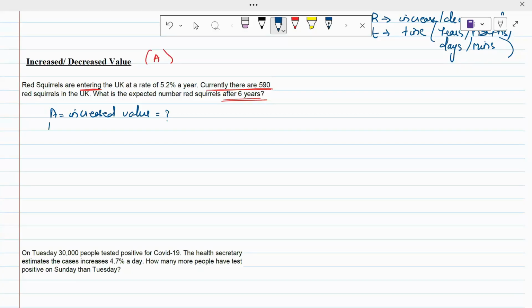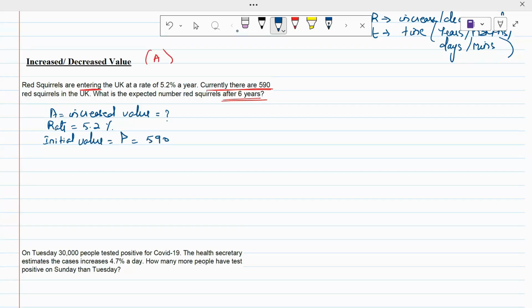The rate is given as 5.2%. Currently, there are 590, so this is the initial value, and we represent the initial value by P in the formula. That is 590.